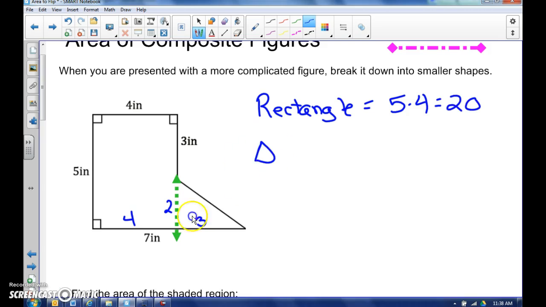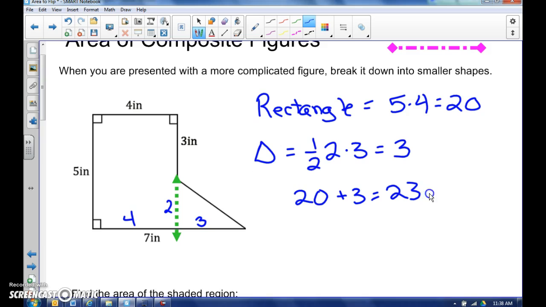And my triangle has 2 by 3, but remember we have to do 1/2 base times height, 2 times 3, which just gets me 3. So the composite area is 20 plus 3, which gets me 23 inches squared.